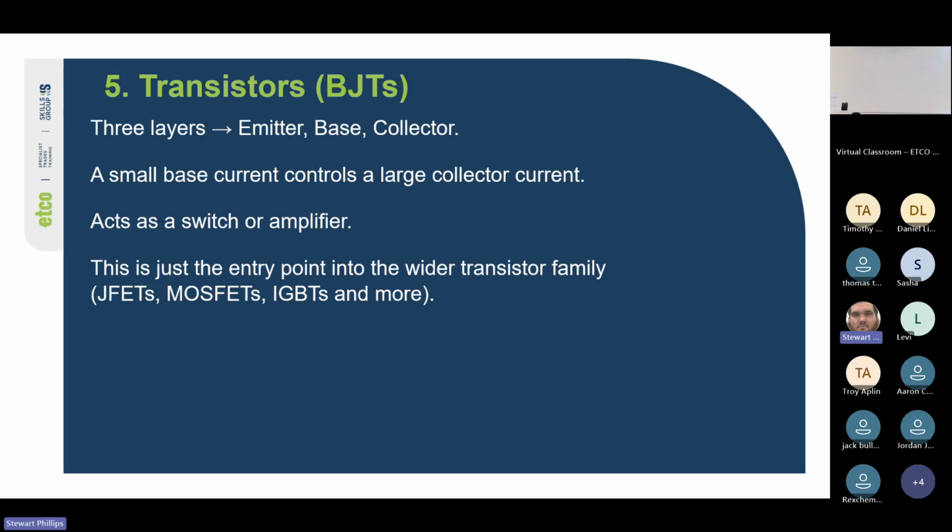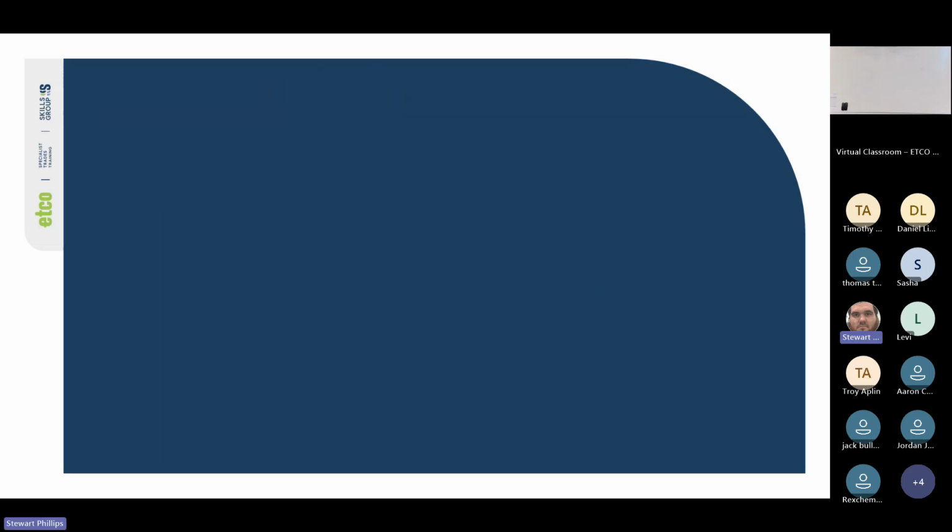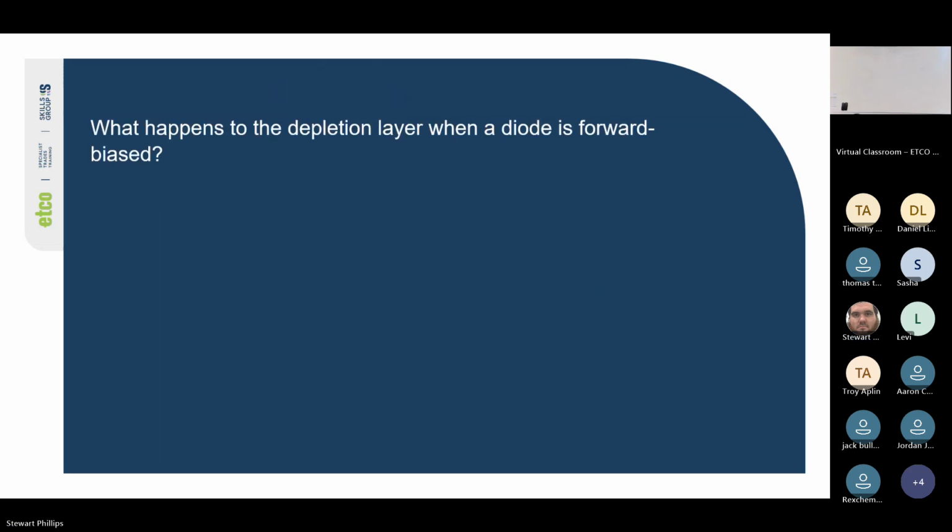Okay, does anyone need more time? Okay, cool. So what happens to the depletion layer when a diode is forward biased?